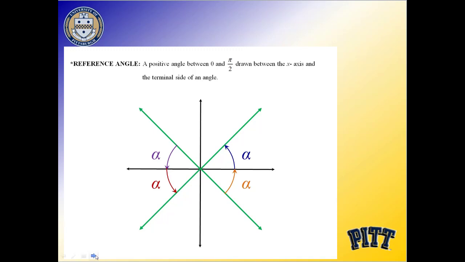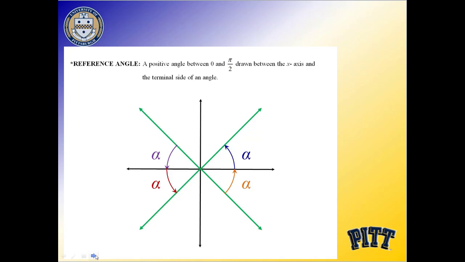Because if I'm going to use right triangles as a reference, I can't have any angles more than 90 degrees in a right triangle, and I can only have one right angle inside there. So usually I'm going to be using the reference angle if the angle is above 90 degrees.